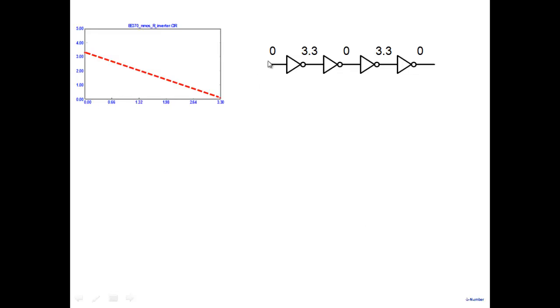If we apply a logic low, which is 0, I get a 3.3, which is VDD. And if I apply 3.3 here, I get 0 here. 0, 3.3, 0, 3.3, 0. That's what we expect: low, high, low, high, low, high. So this is working fine.